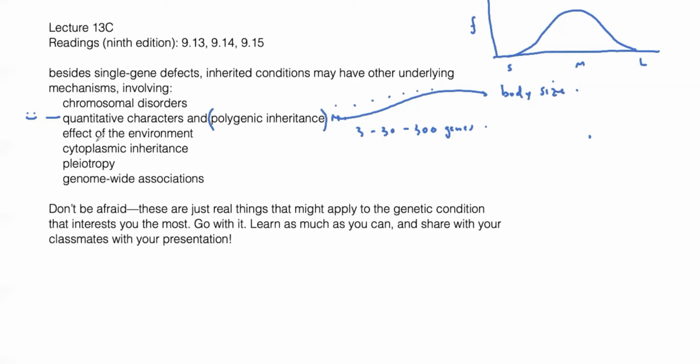Okay. Another thing that you might come across is the fact that not every gene and not every condition is caused exclusively by the genetics, right? Sometimes it's a composition. It's a team effort. You have a genetic predisposition to a particular condition, but you also have to have a diet that is going to cause you to have cholesteremia, right?